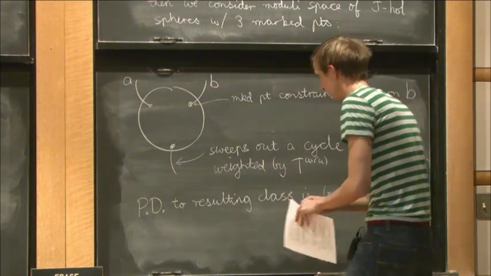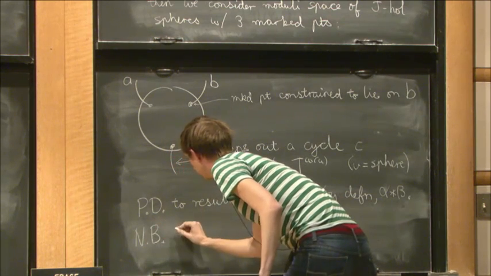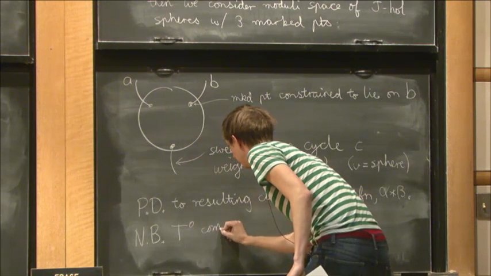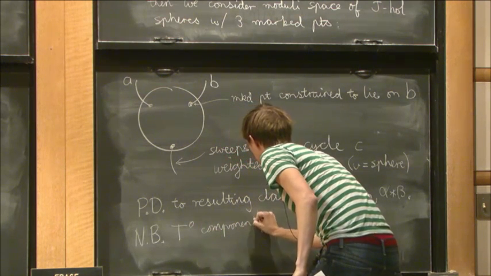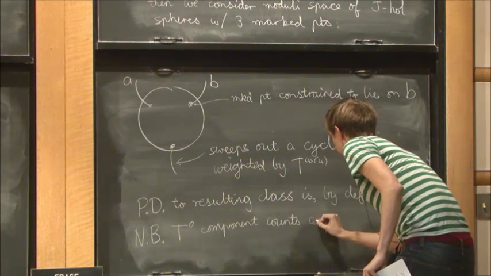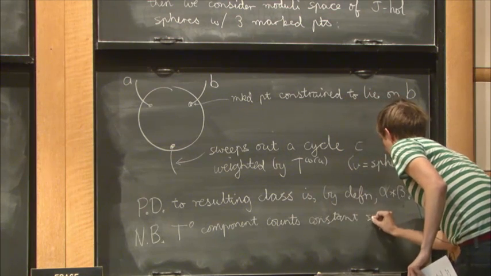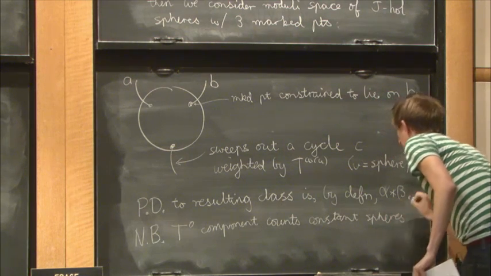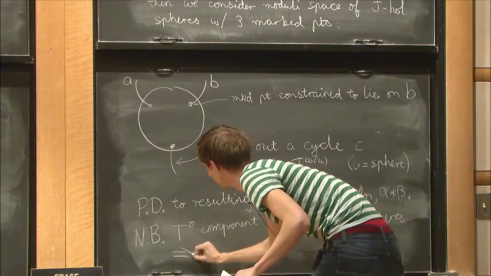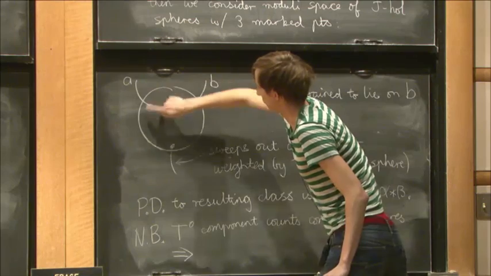So note that the t to the 0 component counts spheres with 0 energy, which are therefore constant. So we get here, this looks like just this whole thing is a point.